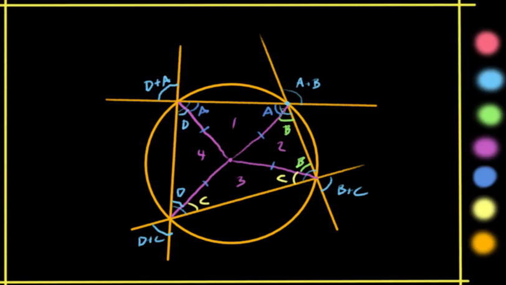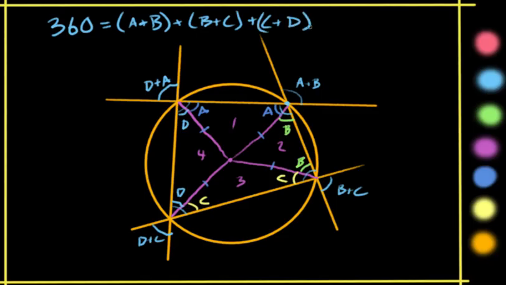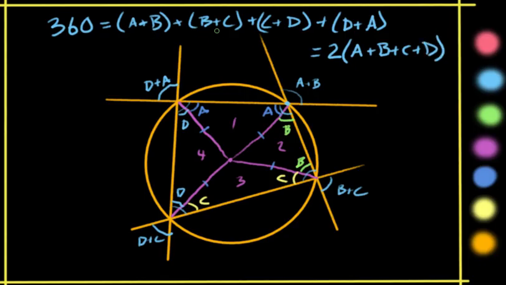And since those are all the interior angles of this quadrilateral, they have to add up to 360 degrees. So we got 360 degrees is the sum of all those angles. It's A plus B plus B plus C plus C plus D plus D plus A. And we can, of course, rewrite this as equal to 2 times the quantity A plus B plus C plus D. Okay, because we got 2 A's here, one at the beginning and one at the end.